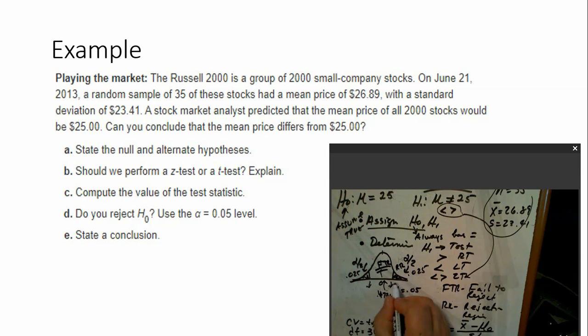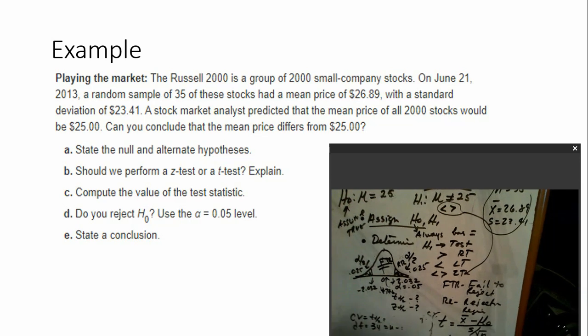And this is 2.032, and this is minus 2.032. So between these two, if anything was outside, greater than 2.032 or less than negative 2.032, I would reject, and that would be rejecting H0.